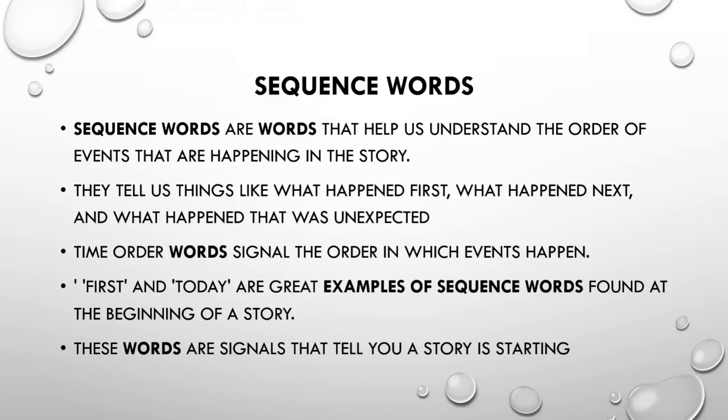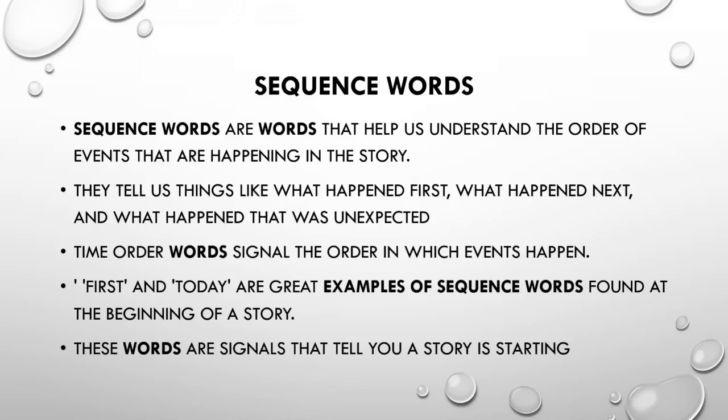So they tell us what happened first, what happened next, and what happened that was unexpected. These are known as time order words, and they signal the order in which the events actually happened.